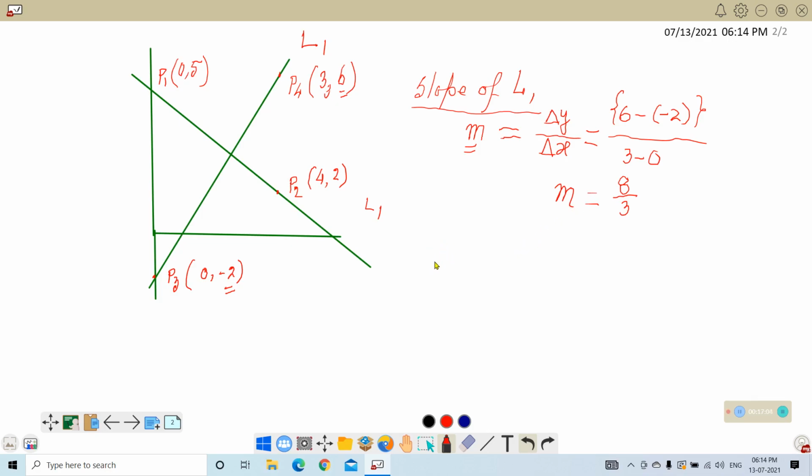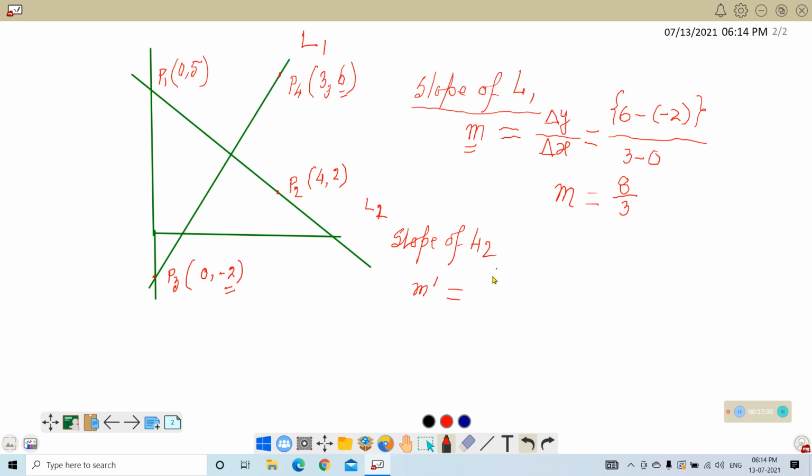Similarly, slope of L2 is equal to M prime.